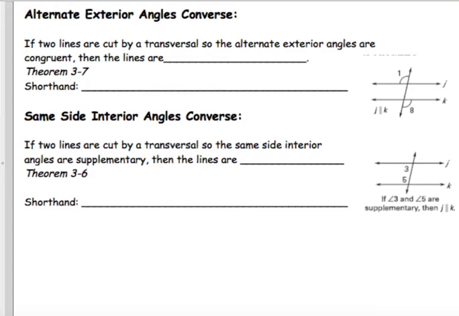If two lines cut by transversal, so alternate exterior angles are congruent, then the lines are parallel. Again, if alt exterior this time, angles congruent, then lines parallel.